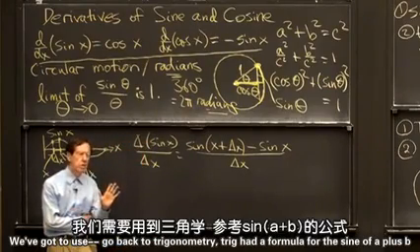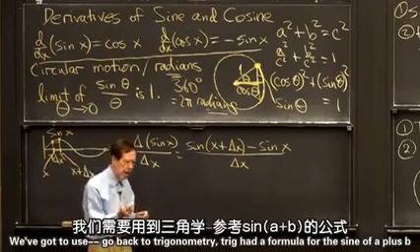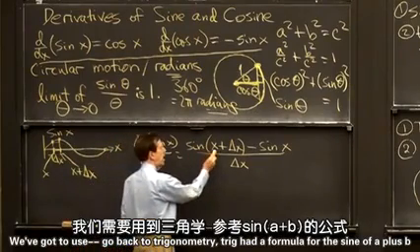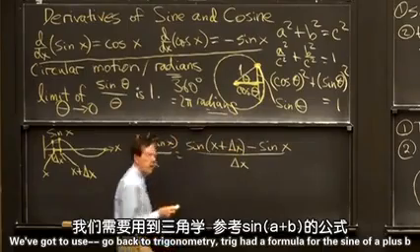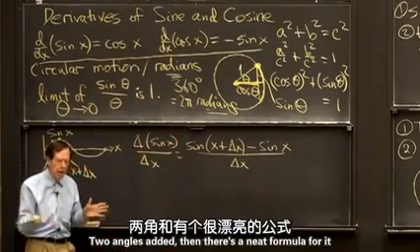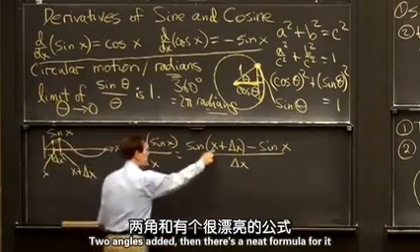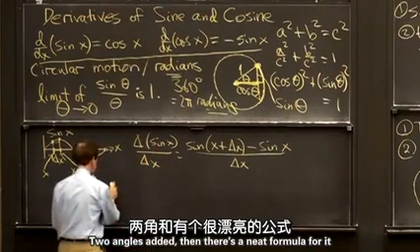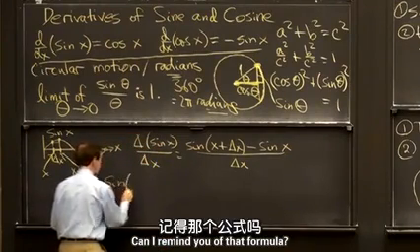We've got to go back to trigonometry. Trig had a formula for the sine of a plus b. Two angles added, then there's a neat formula for it. So can I remind you of that formula?